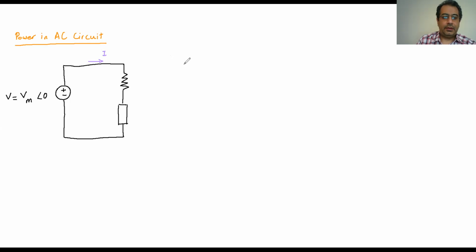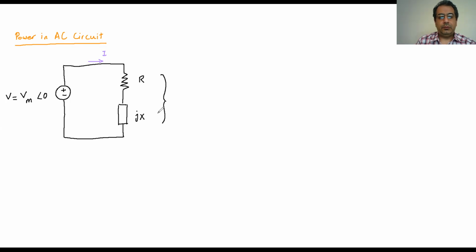Then we have the R here, and here we have, for example, the combination of an inductor or capacitance, something like that, which is going to be jX. Because these two are in series, we know we can find the equivalent of the two by adding them together.